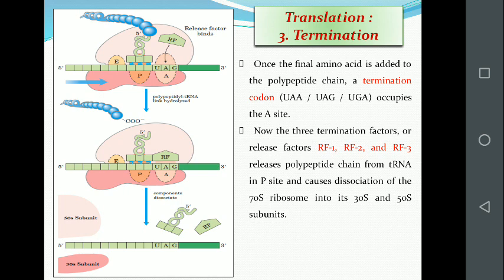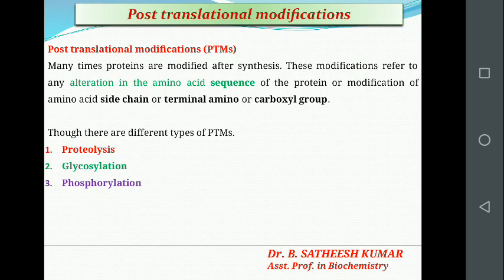So there are three different release factors, and those release factors bind to the A site and cause the dissociation of the entire complex, and the polypeptide chain is released. Everything gets dissociated, and they are ready to take another round of translation.